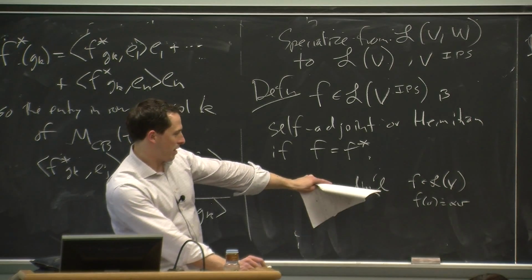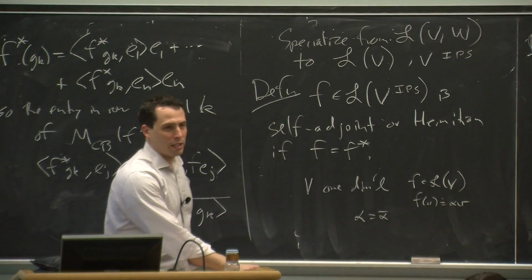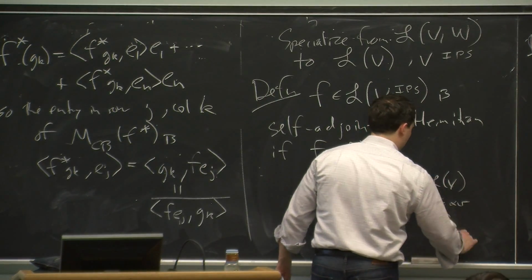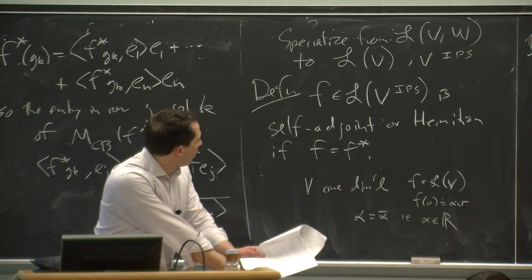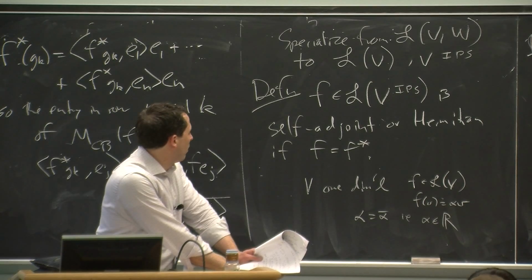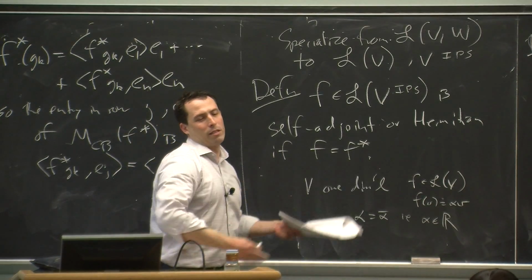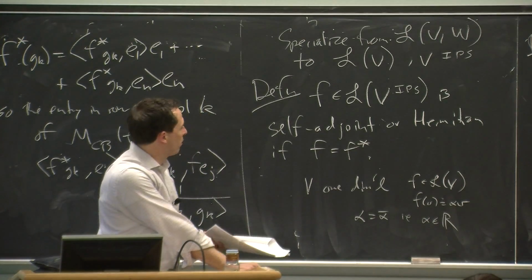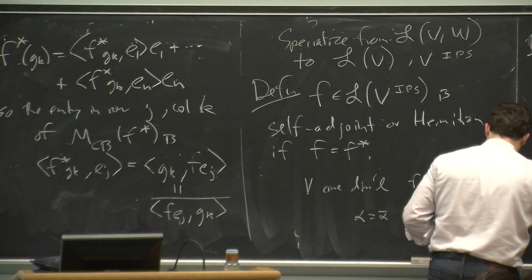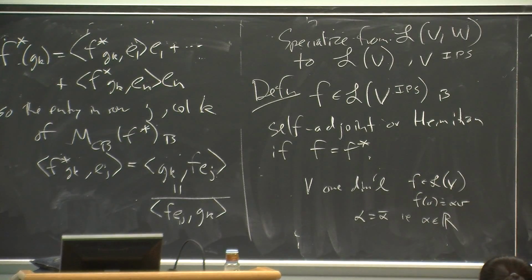It's equal to its conjugate transpose if and only if alpha equals alpha bar, alpha conjugate, that is, if it's real. So one-dimensional self-adjoint things are just reals as distinguished from complex numbers. And so you can think about self-adjoint operators as being kind of the operator generalization of a real number, sort of like a higher dimensional real number. And there are other ways in which that analogy is apt that we'll see as we continue.